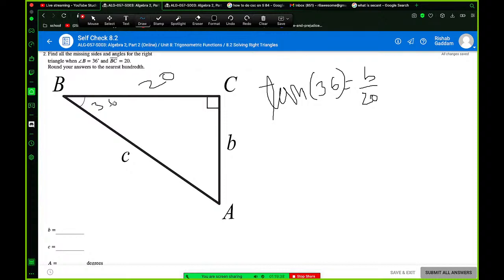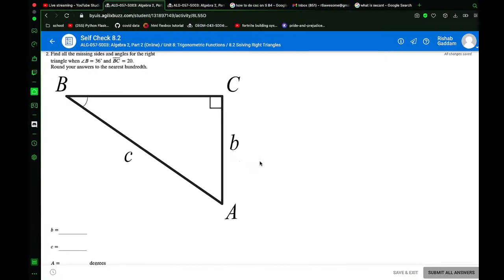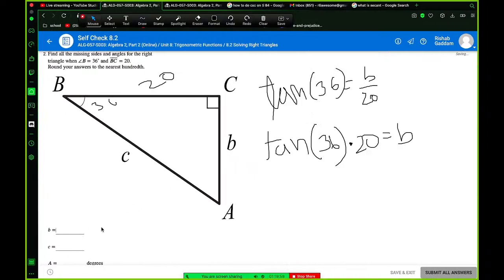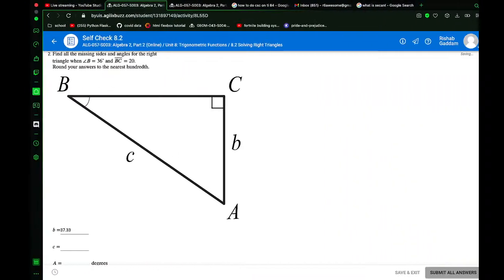So basically you can do tan of 36 times 20. I forgot the side of B. The side of B is 37.33. Okay, let's see if that's right.